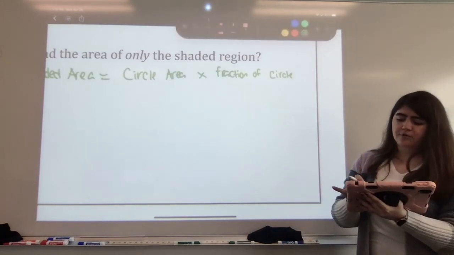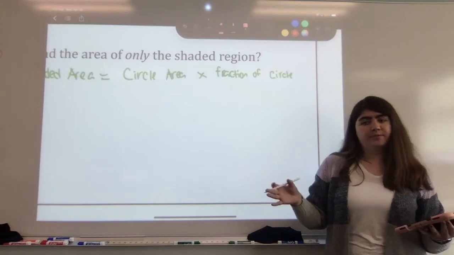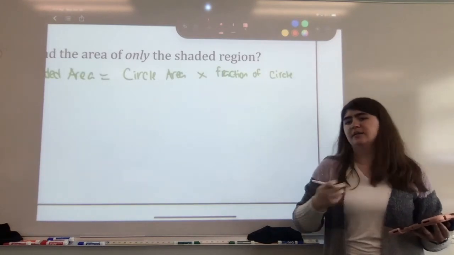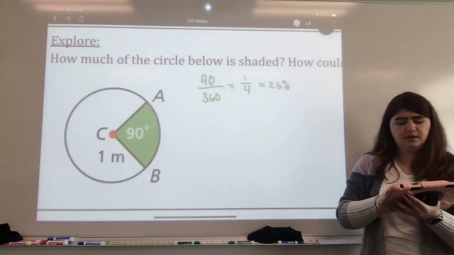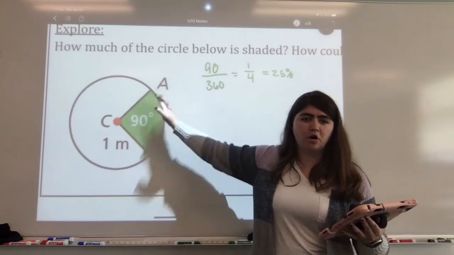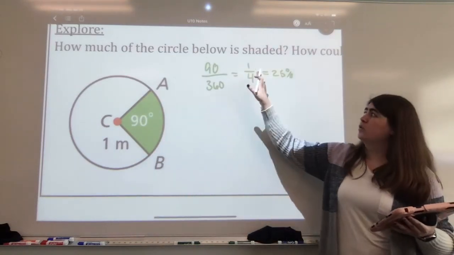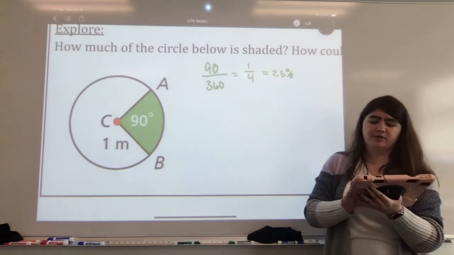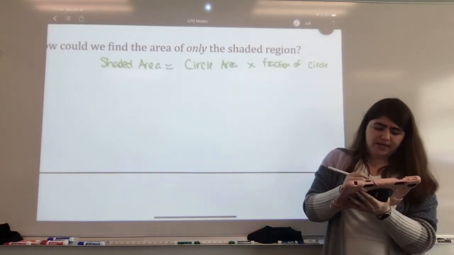All right, so that works for area. We also can do that same thing for the circumference. If we want to find the distance of only the piece that is shaded, so the distance from A to B, instead of the distance all the way around the circle, then we can find the circumference and then take 25% of that circumference, and that will equal what we call the arc length.